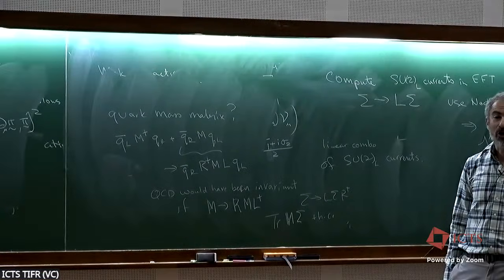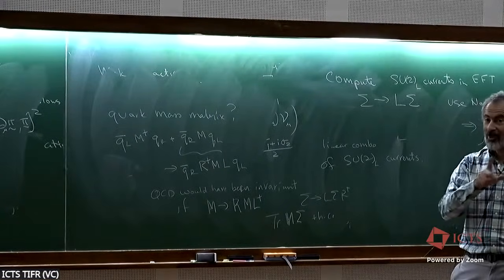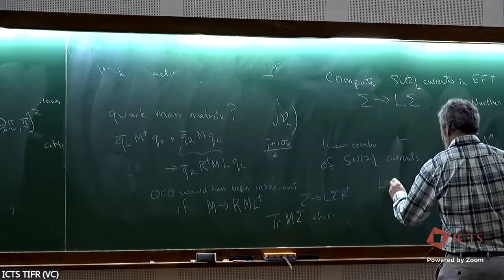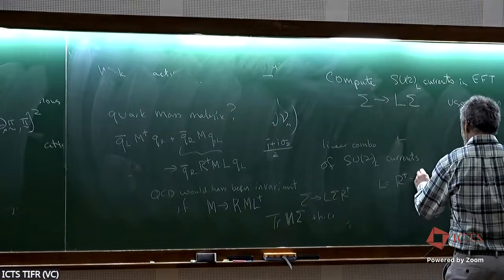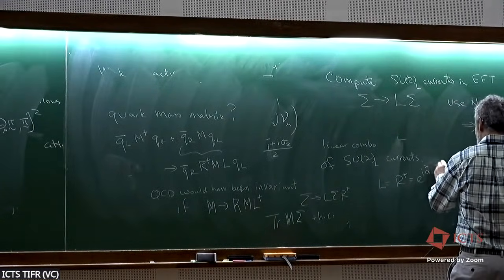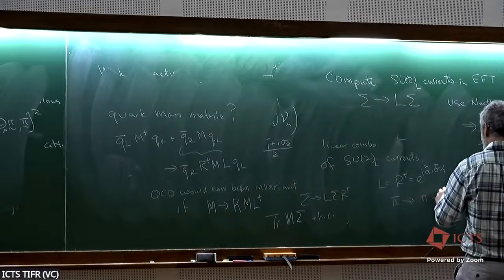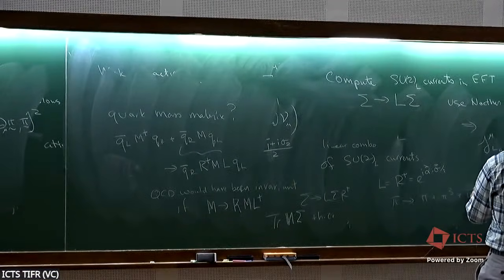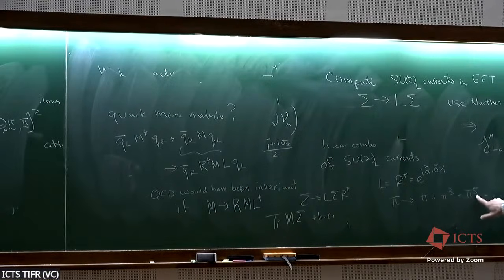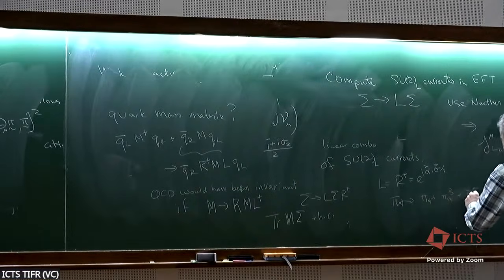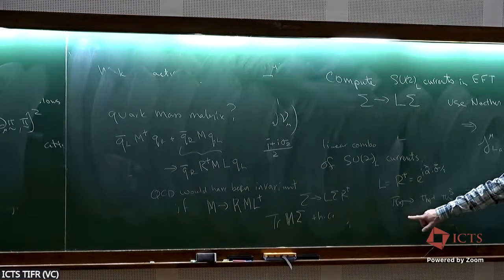And that's why it's called a non-linearly realized symmetry. Also, by the way, there's a moral there: if I take L equals R dagger equals e to the i alpha dot sigma over 2, then I find that the pions go to pion plus pion cubed plus pion fifth plus and so on, with alpha dependent coefficients. These are functions of x. It's local. But if I did a Fourier transform, you know that the Fourier transform of pion cubed is a convolution, involving all different momenta.